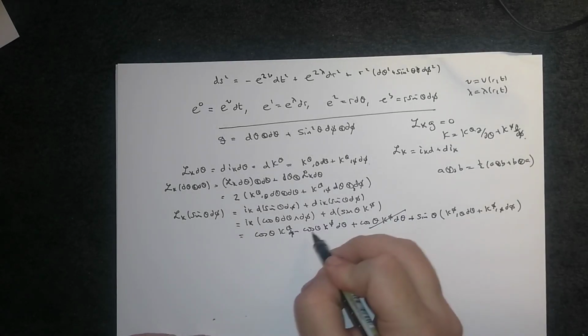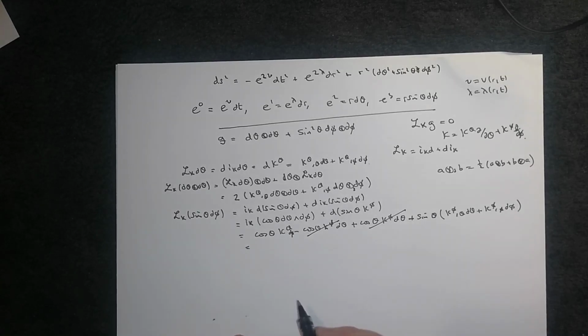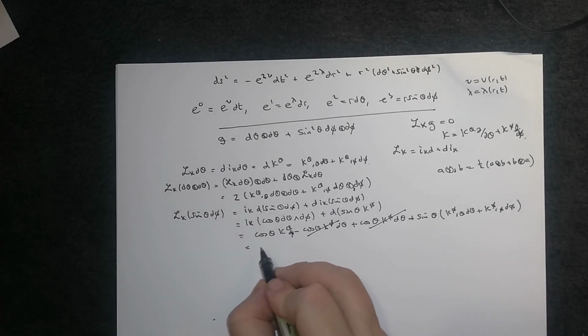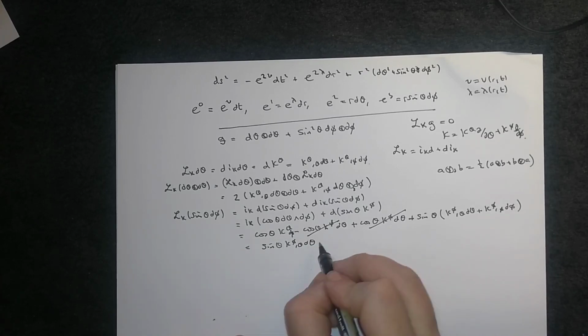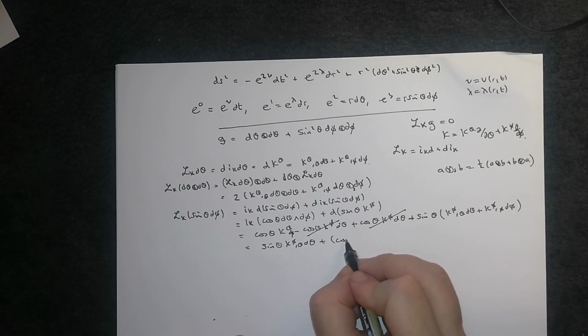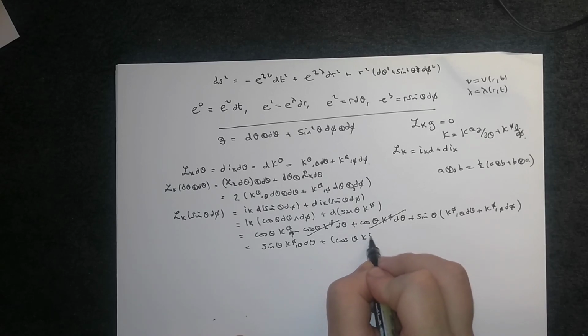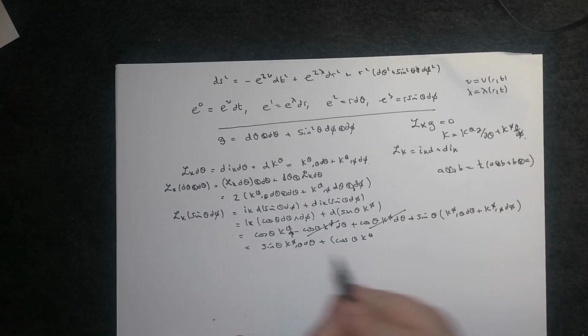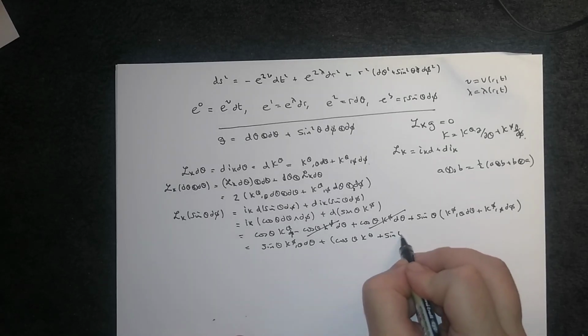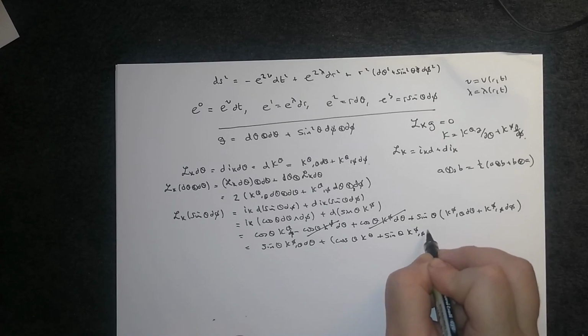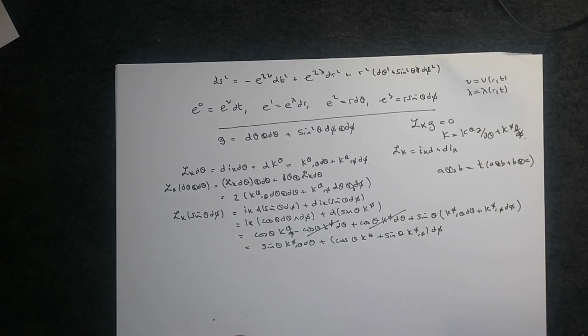Now that cancels with that, and so we get sin theta k phi comma theta d theta plus cos theta k theta plus sin theta k phi comma phi d phi.